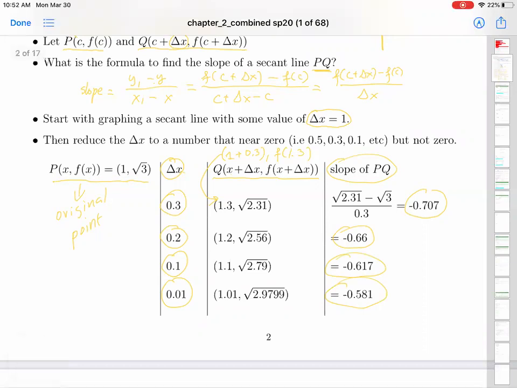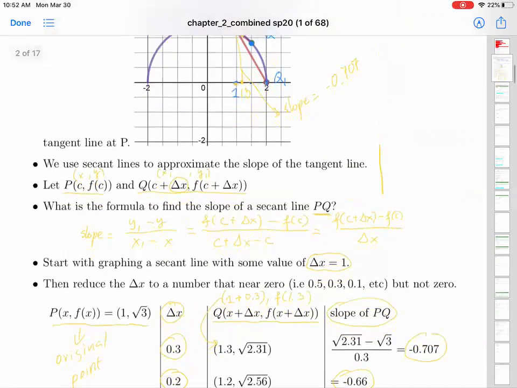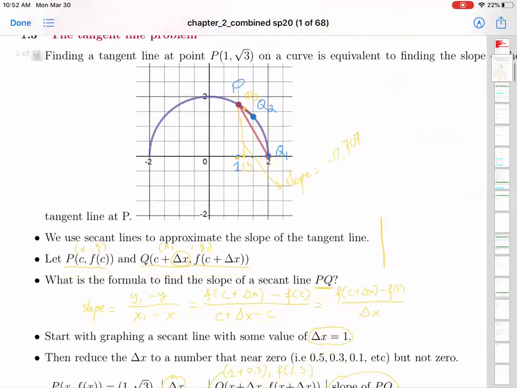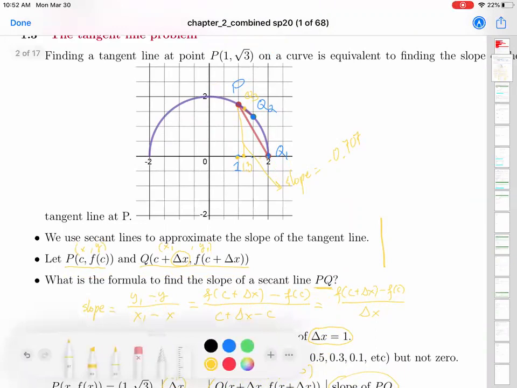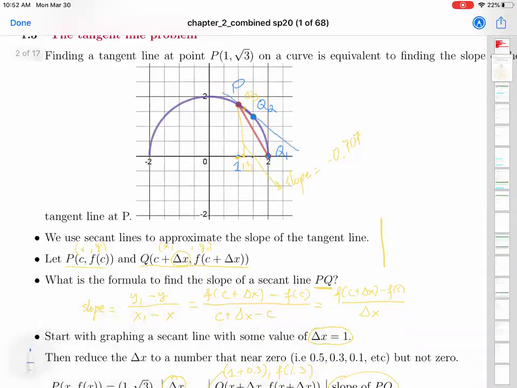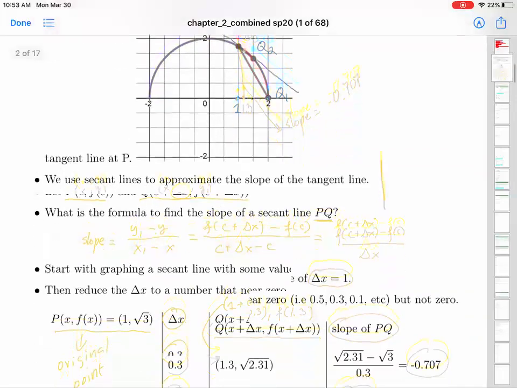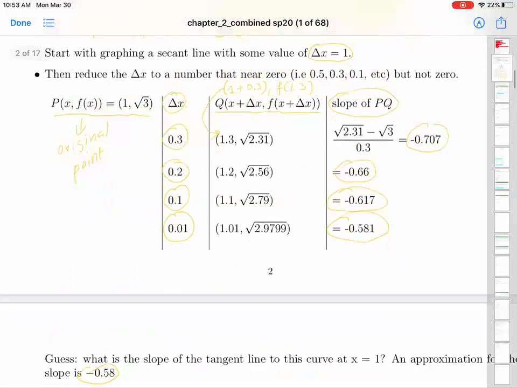So we can see that as we move closer to the original point, the slope of the secant lines is a good estimation for the slope of the tangent line that we're trying to find. Using this table, you can see that the slope is increasing, which makes sense.